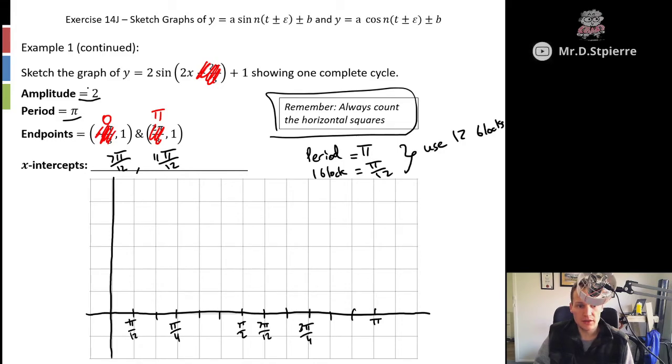Now, a thing to note here is amplitude of 2, a period of pi. So before we think of our vertical translation, amplitude of 2 for a sine graph will go up to 2, that would be -2, and that would be pi.